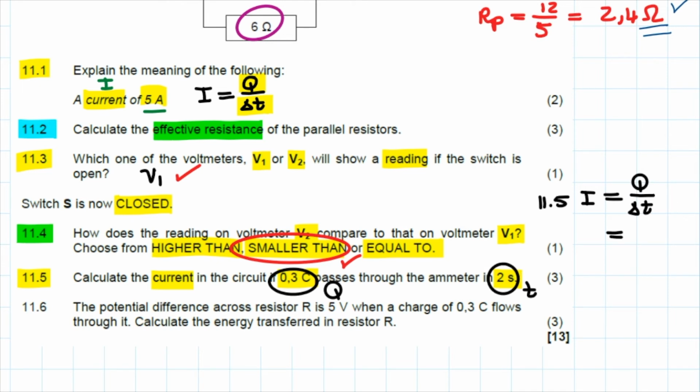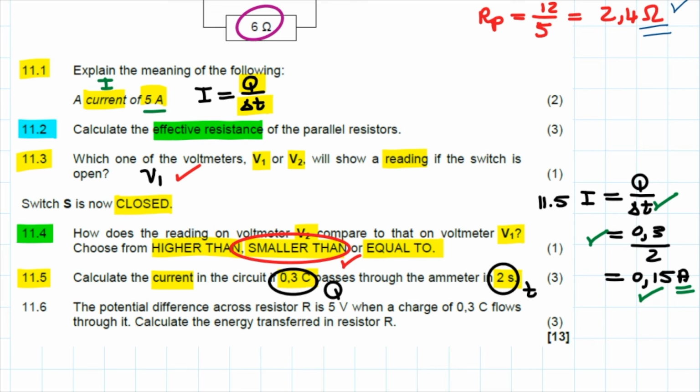So we say 0,3 divided by 2. And that gives us an answer of 0,15 amperes.